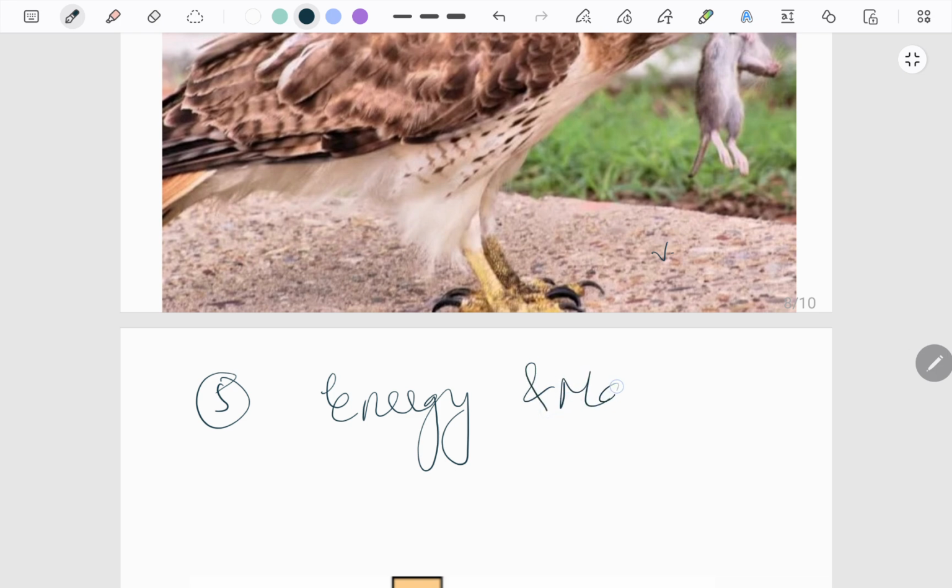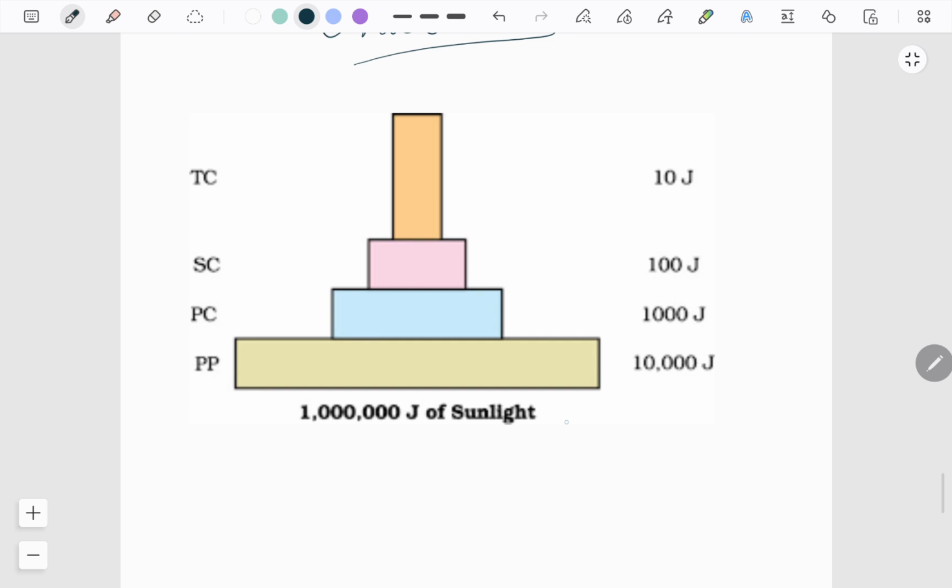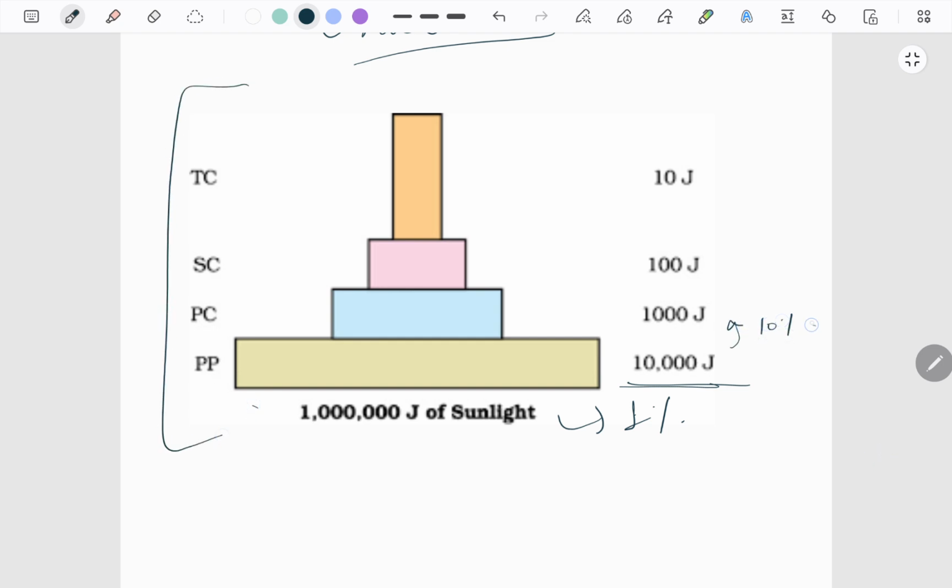If I say energy, the flow of energy is always unidirectional from the sun. Whatever energy comes, only 1% of that is absorbed by the plants and used for photosynthesis. And once the energy enters the trophic levels, the food chain, only 10% is passed to the successive trophic level.